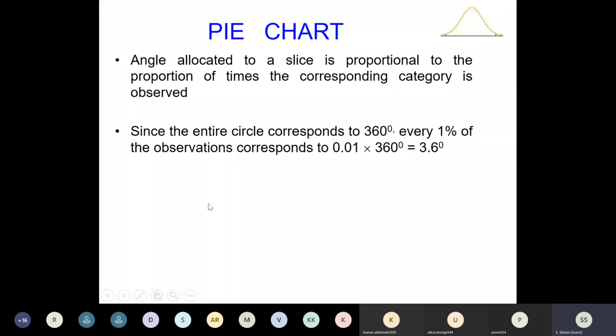As I said, if somewhere you got 40%, somewhere 30%, the entire circle corresponds to 360 degrees, so 1% of 360 degrees is 3.6 degrees. Okay, I move to the next slide.